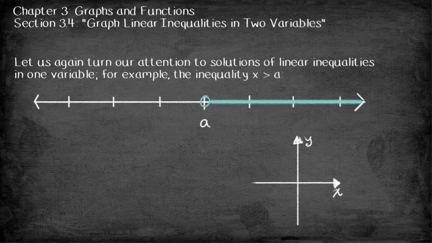But what's important to note here is this point, x equals a, splits the number line into two halves. On the left half, the numbers are not solutions to the inequality. On the right half, they are solutions.